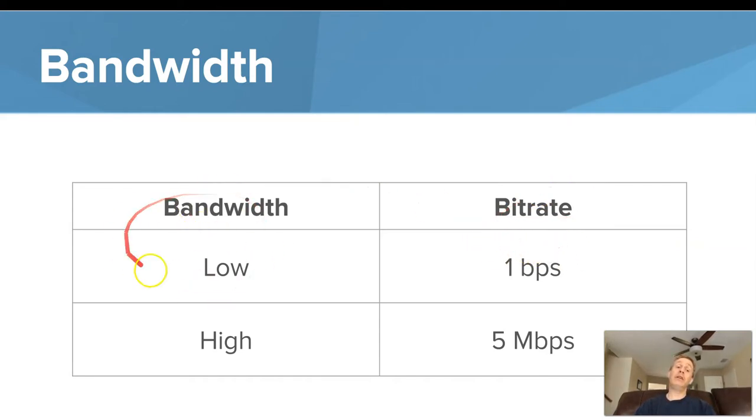That would be a very low bandwidth. Again, super, super slow. But if we move up to something that is perhaps like 5 megabytes per second, well, that would definitely be much faster and would correlate to a high bandwidth because there's a much faster speed of information being sent when this is your bit rate.